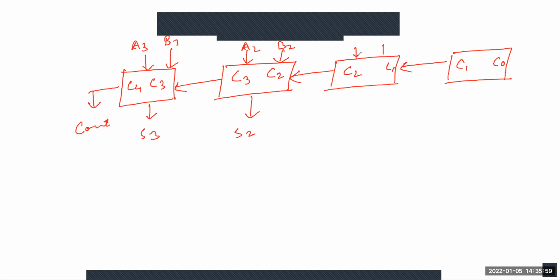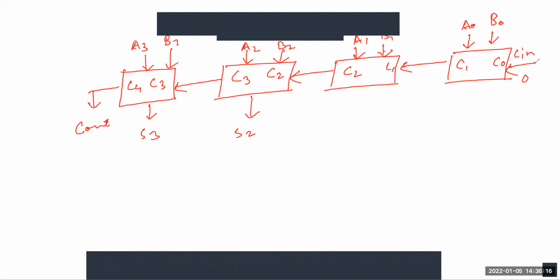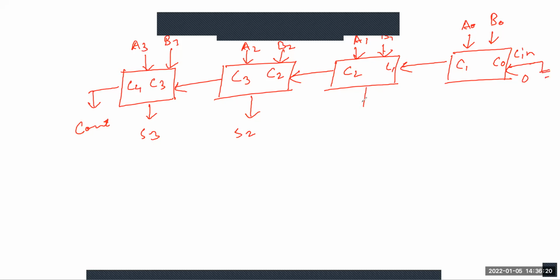So this is A1, B1, and this is A0, B0, and this is C in. This 0, and this is S1, and this is 0.